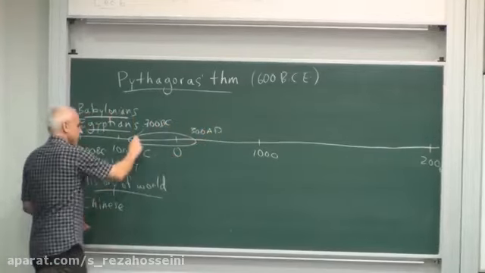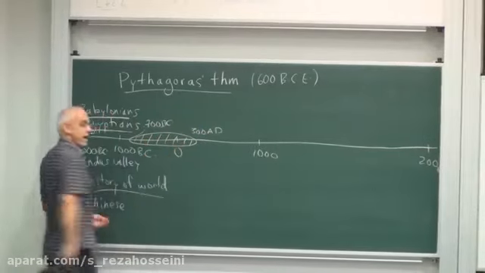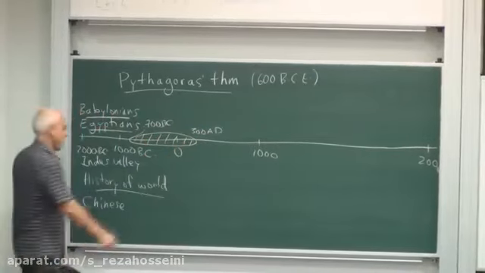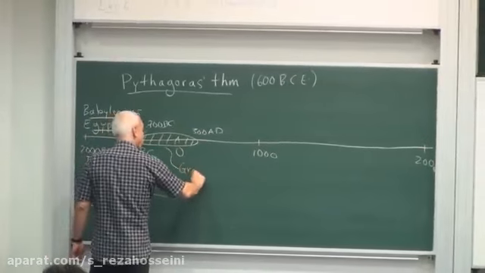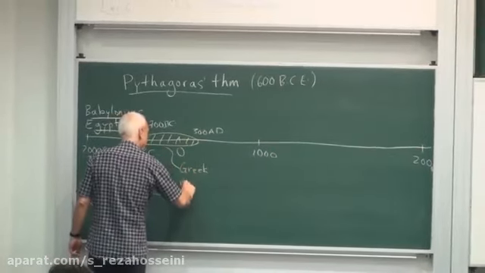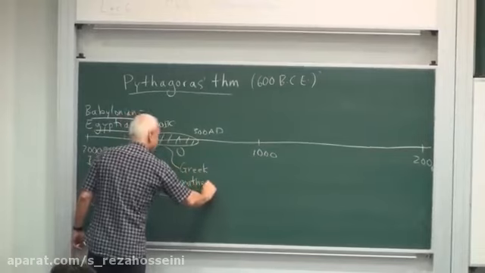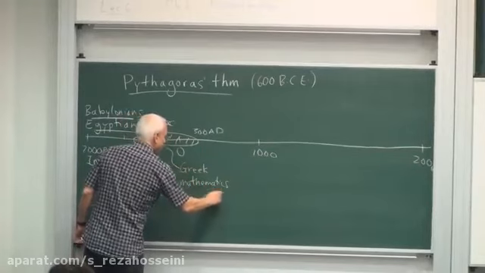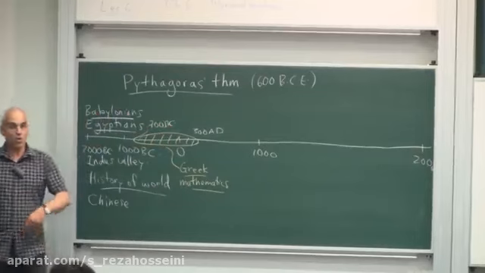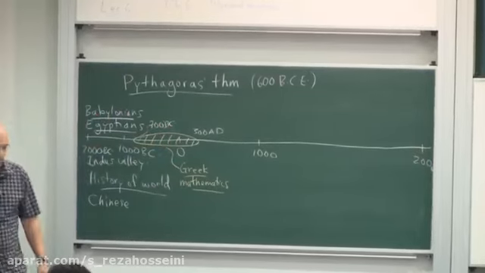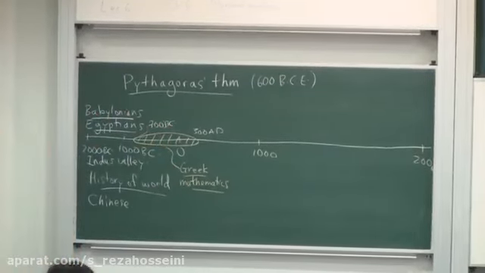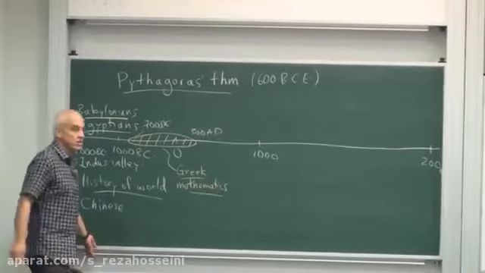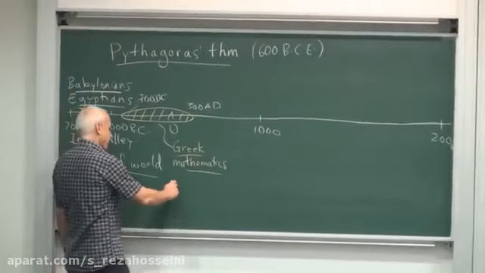So this was the golden age of Greek mathematics, and a lot of what we are studying in mathematics, especially in the history of mathematics, has to do with Greek mathematics or developments that came from the Greek mathematicians. And prominent amongst the Greek mathematicians were some very famous names.